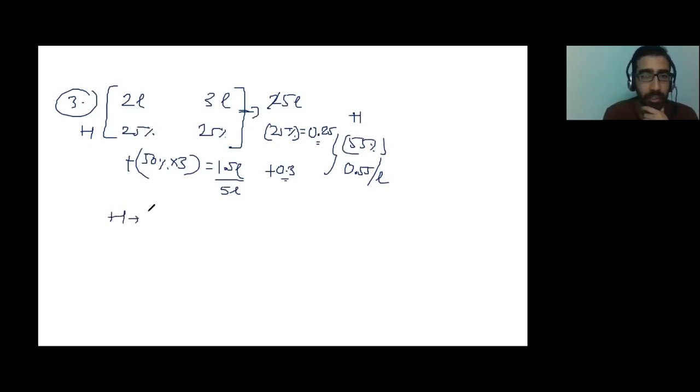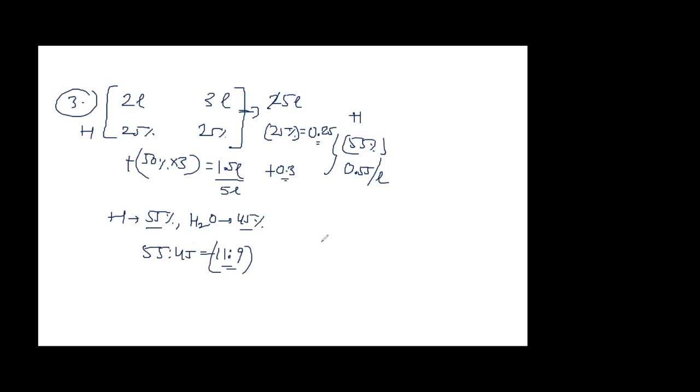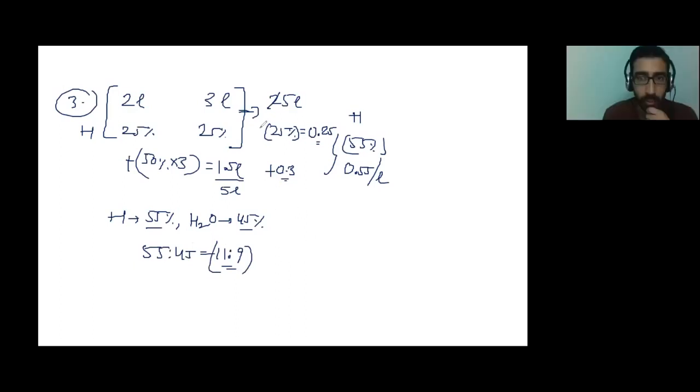So if the average concentration of honey is 55%, the average concentration of water, let me call that H2O, has to be 45%. In ratio terms, honey to water comes out to be 55 is to 45, which is 11 is to 9. So you will get the same answer, but you need to interpret it rightly, because you have to understand 25% is 0.25.